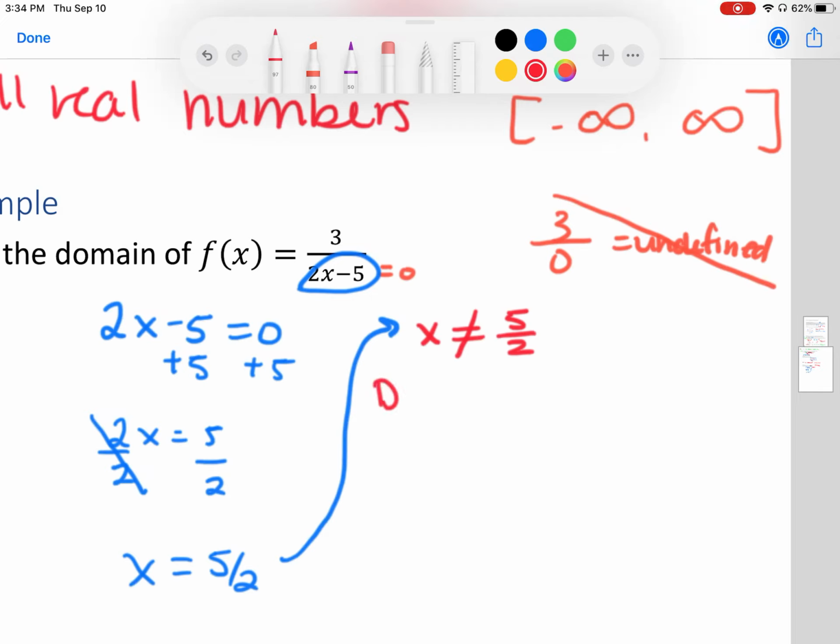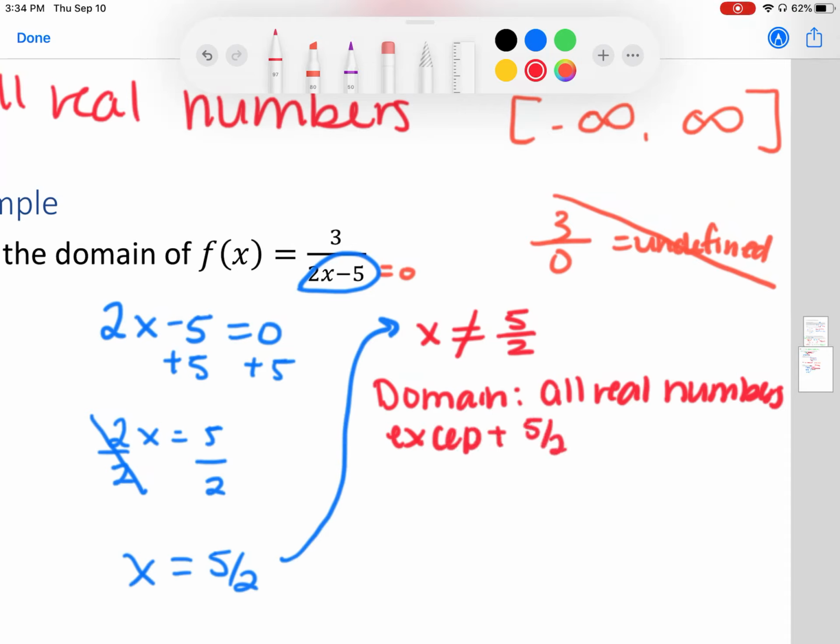So our domain is all real numbers except 5 over 2. Now that we understand the concept of it, we have to be careful as to how we write it.